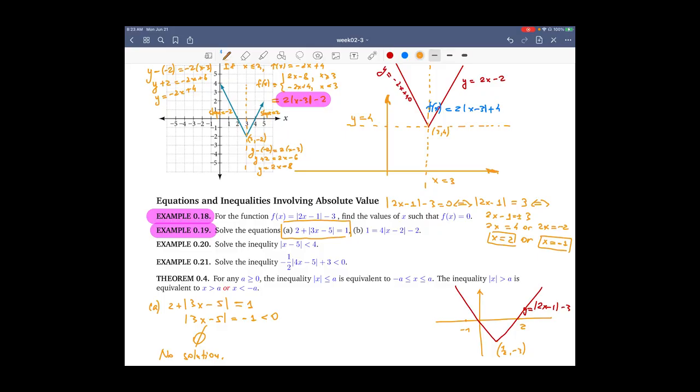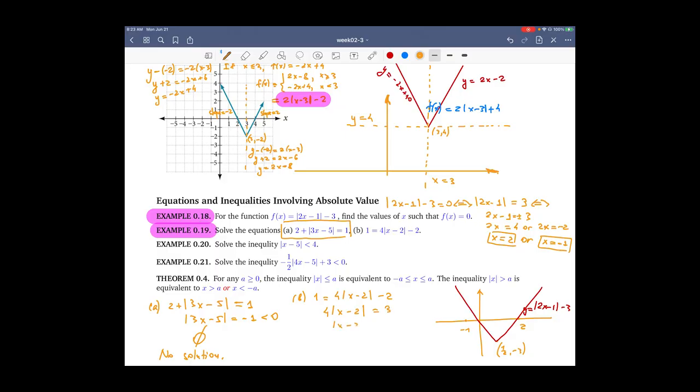For equation B, 1 equals 4 times absolute value of x minus 2, minus 2. It's very similar to the previous example, example 18. If you move -2 to the other side, we have 4 times absolute value of x minus 2 equals 3.